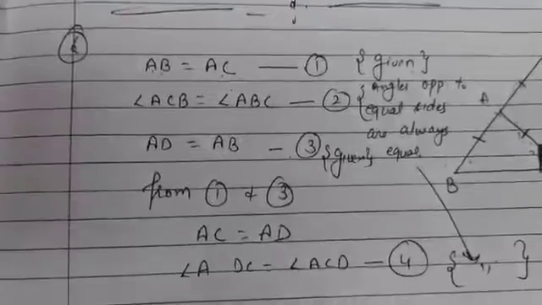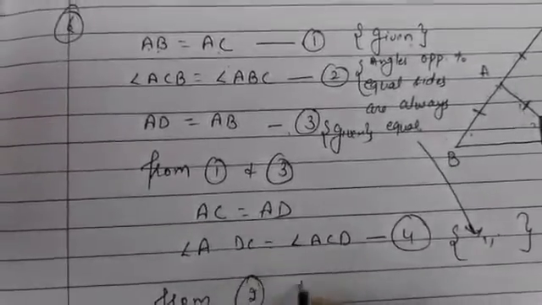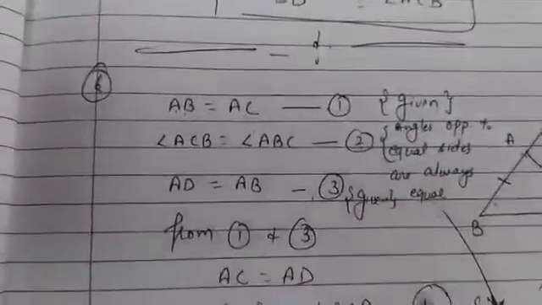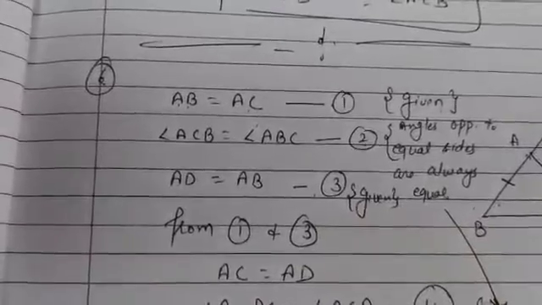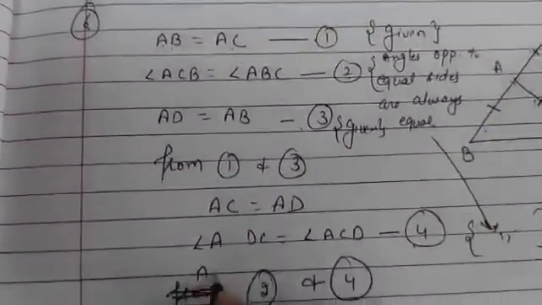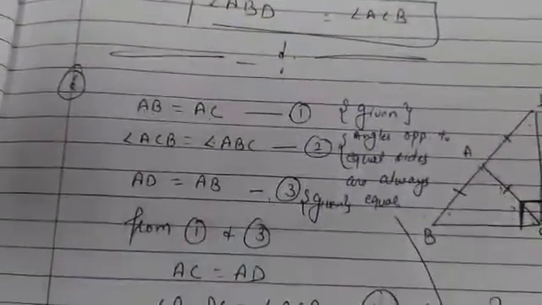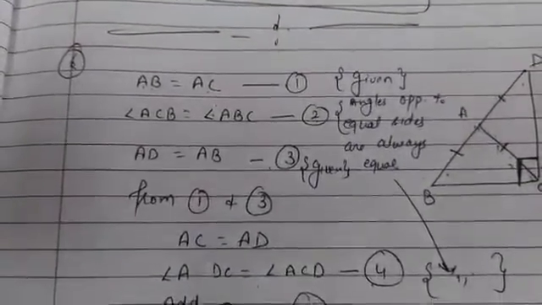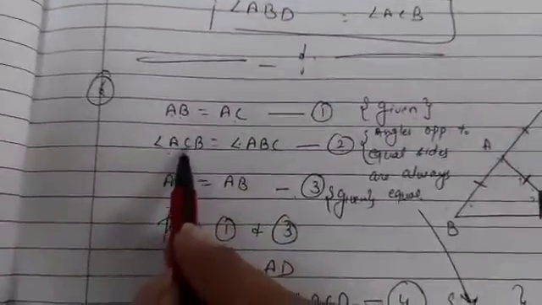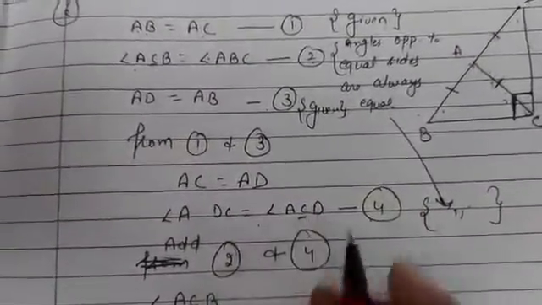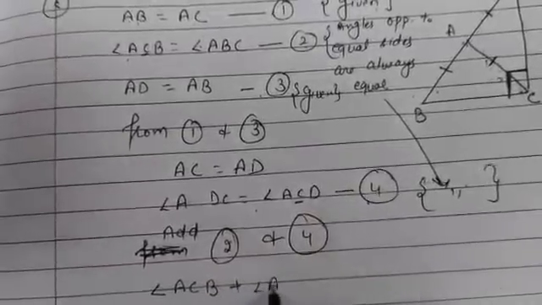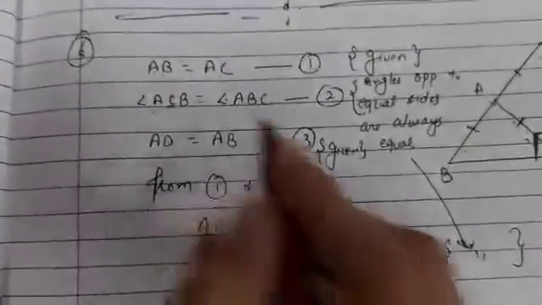Now see, from 2 and 4, sorry, add 2 and 4. We have to add these two. Angle ACB plus ACD is equal to angle ABC plus angle ADC. This ACB and ACD, C is in the center, coming here also, which is in the center, see that add.